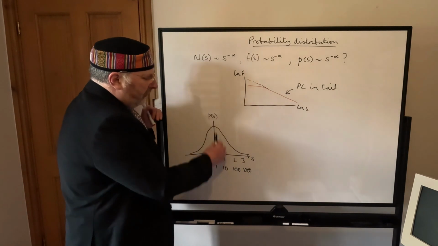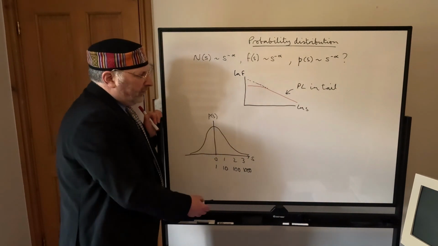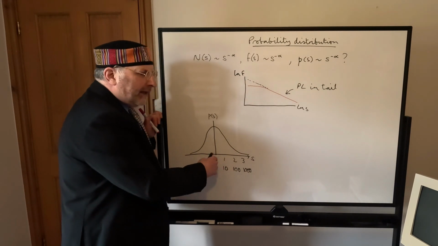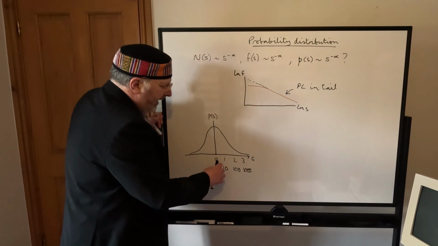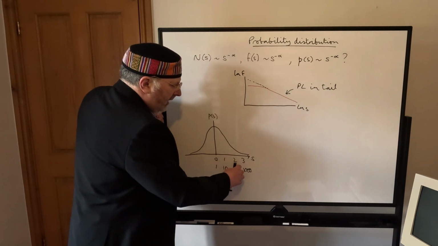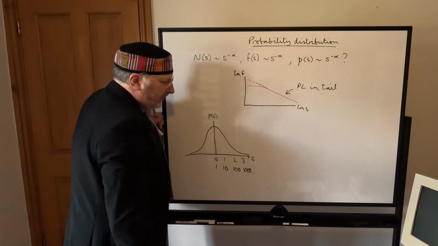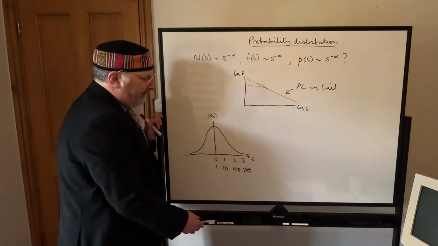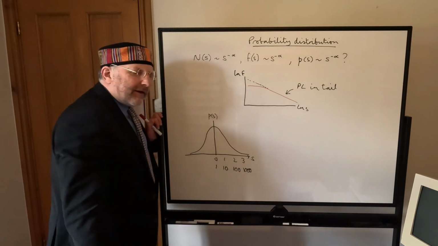So if this was an ordinary normal distribution, say for people's heights, and we're calling 0 say 6 foot, then that's 6 foot, 7 foot, 8 foot, 9 foot, and maybe there are some people who are approaching 9 foot, but beyond that it gets very small.